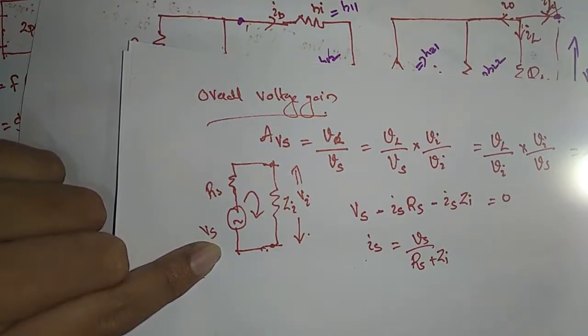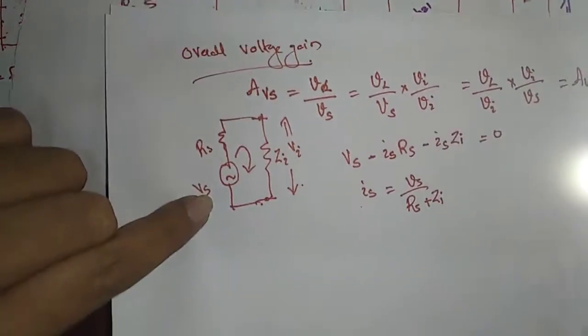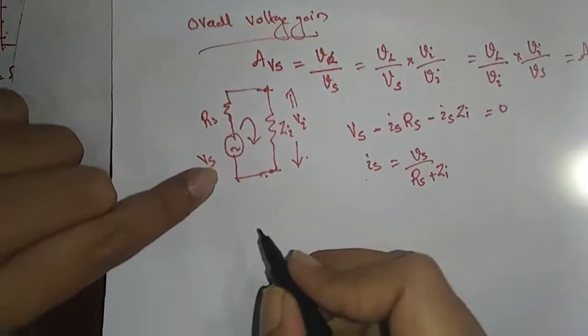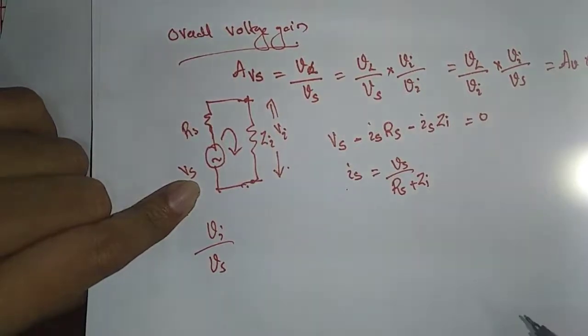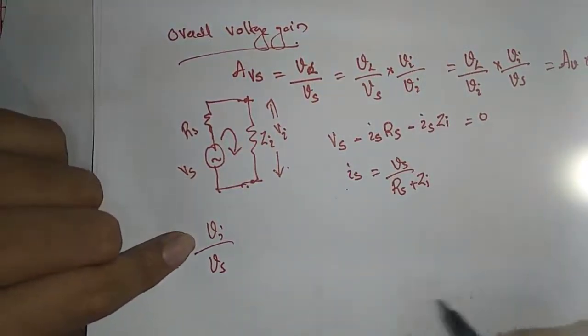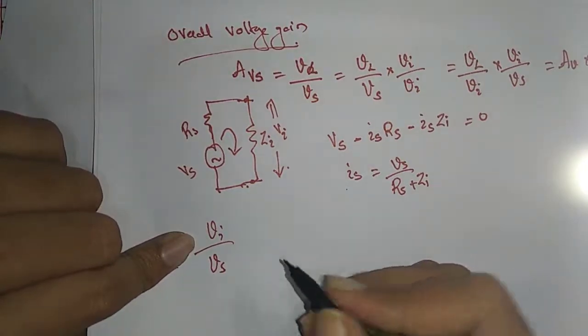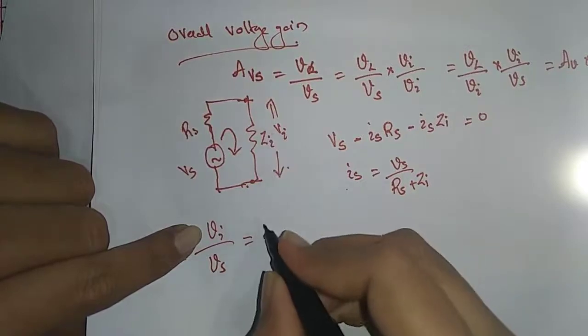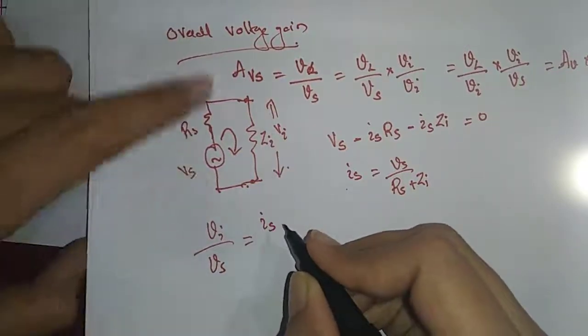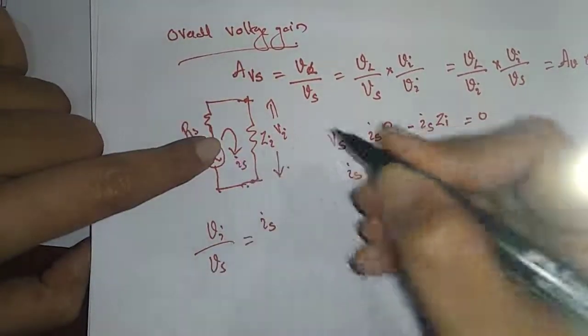What is the term I want to find out? We want to find out the ratio of Vi by Vs. Vi is the voltage across here, and the current here I am notating as Is.